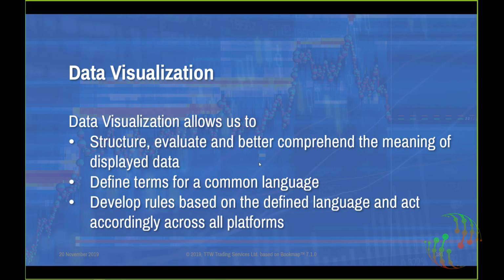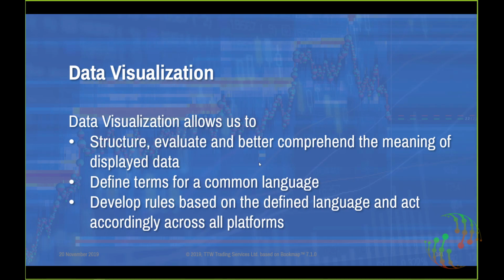Data visualization happens all over the world in science and so on. But in trading, it's not so common. It is really uncommon. It comes more and more up. You will see software which is providing liquidity levels, for example, and so on. Footprint software is doing that nowadays also.